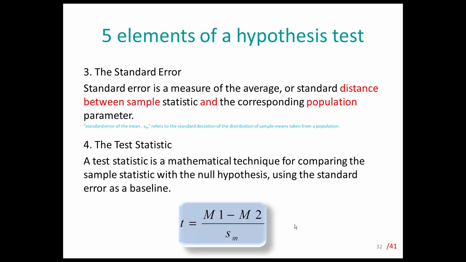If the t is large, that means the experimental group and control group are so different that it's not possible that the difference is due to a sampling error. But if the t is small, then you may conclude that probably any difference between the experimental group and control group is just due to sampling error.